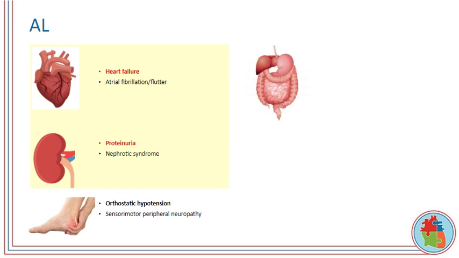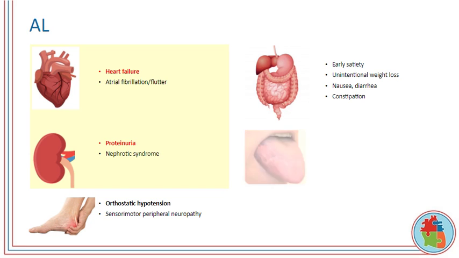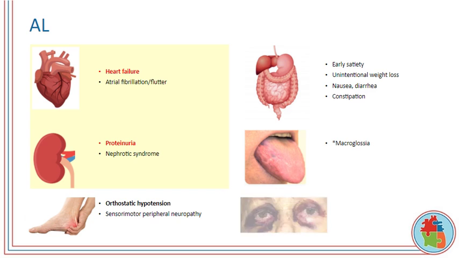Frequently, there are issues with unintentional weight loss, macroglossia, or a large tongue, and then raccoon eyes, which is shown here as periorbital ecchymoses. And that is sometimes the initial presentation for AL amyloidosis.